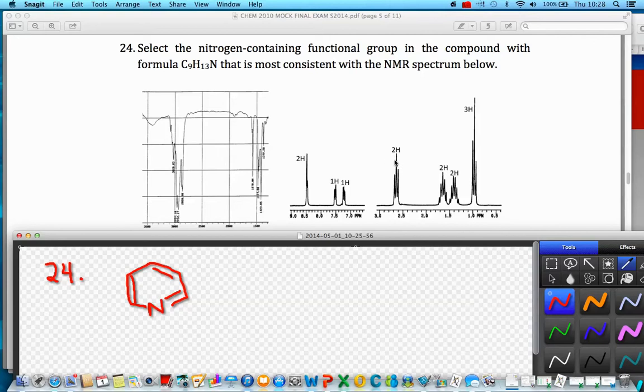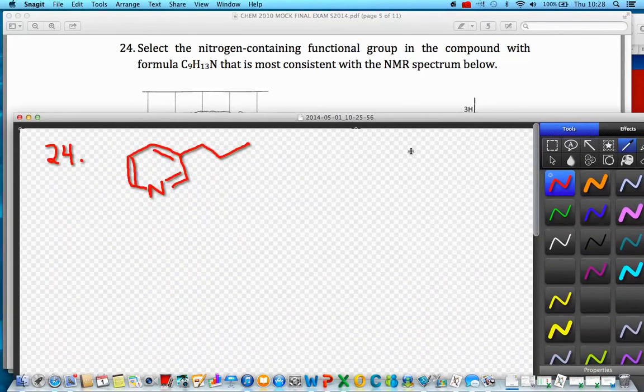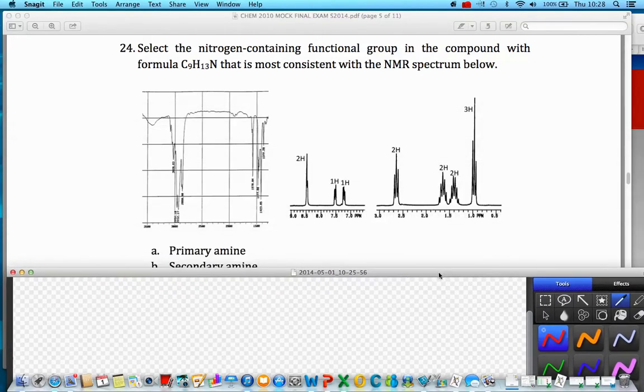And of course, we have a CH2, a CH2, and a CH3. So it would be completely consistent with something like this. That's one possibility. And we're not trying to find what the structure is. We want to know what functional group. So D, no matter how you slice it, is going to be the best answer for number 24. Number 25.